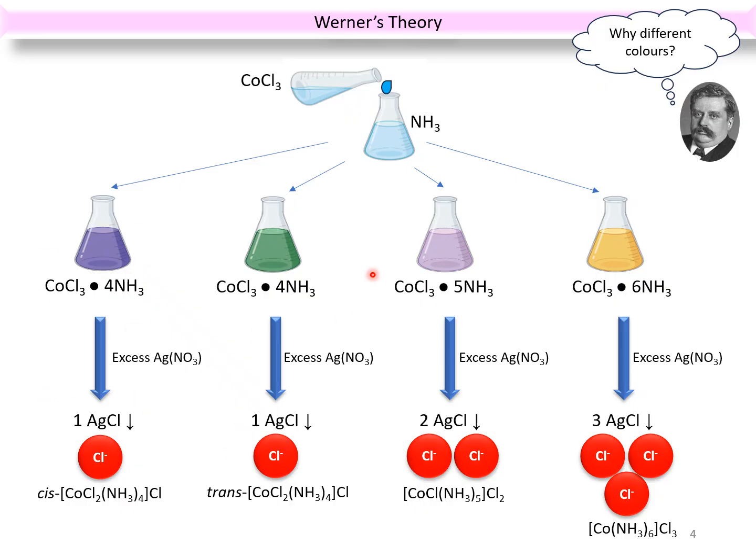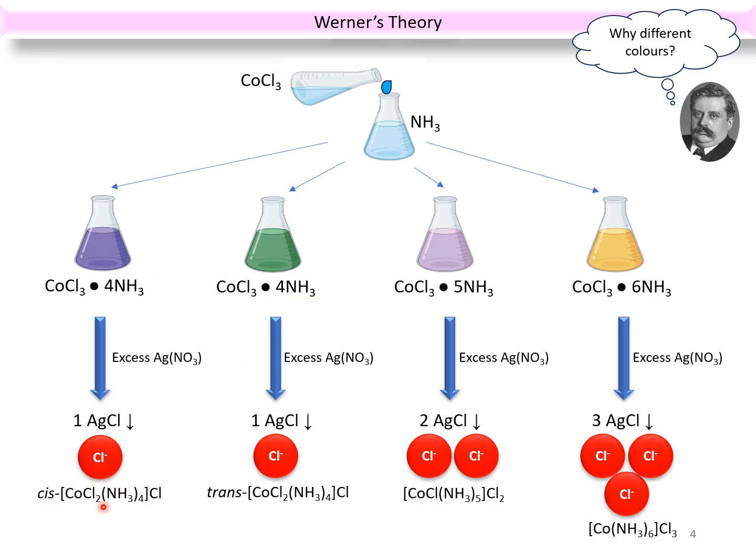Because the cis and trans, violet and green solutions precipitated one equivalent of silver chloride, it means out of 3 chlorides, one is a non-coordinating chloride, the anion that is not within the coordination sphere, while the other 2 chlorides serve as coordinating ligands within the coordination sphere.